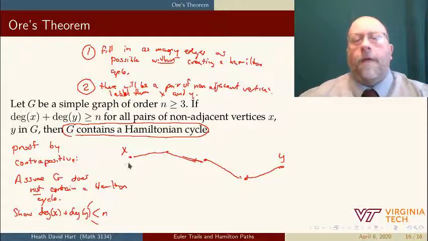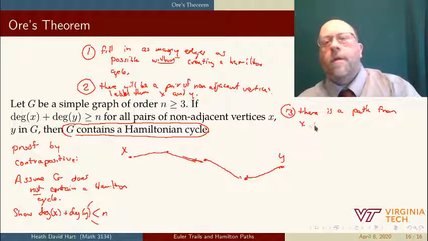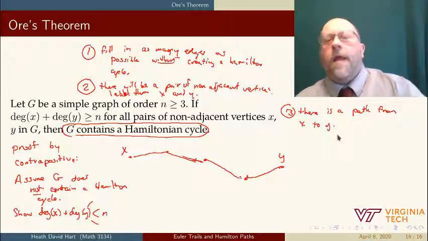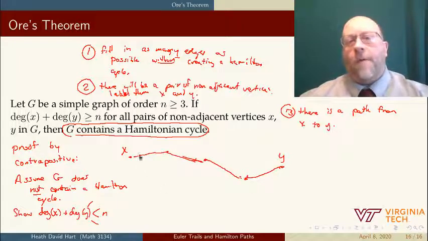All right. There is a path from x to y. And here's how we know there's a path from x to y. Under step 1, we filled as many edges as possible without creating a Hamilton cycle, which means x and y are not adjacent, but if I did make them adjacent, I would have a Hamilton cycle.